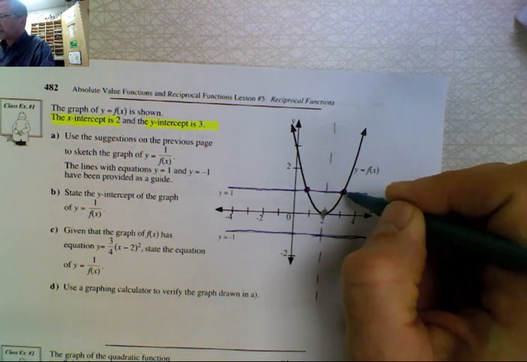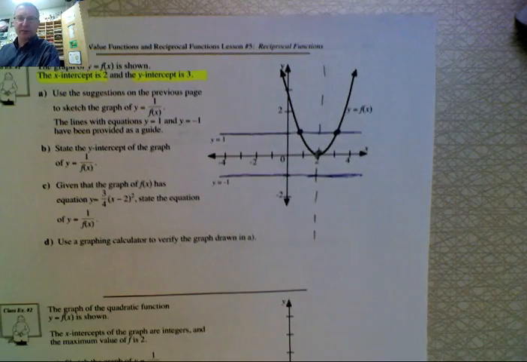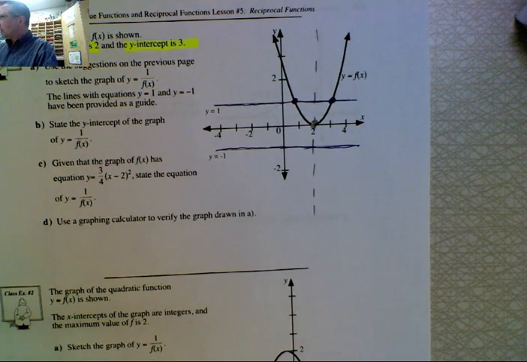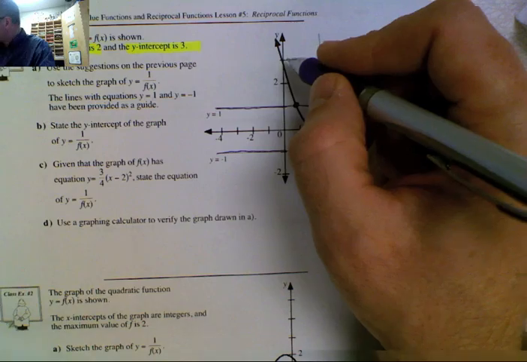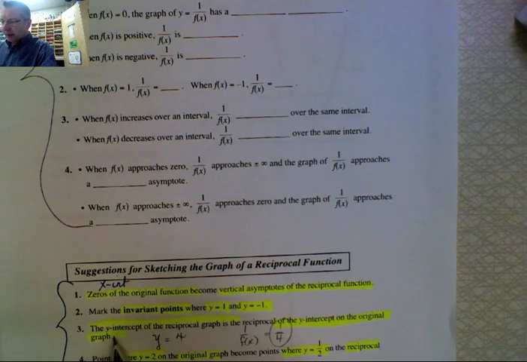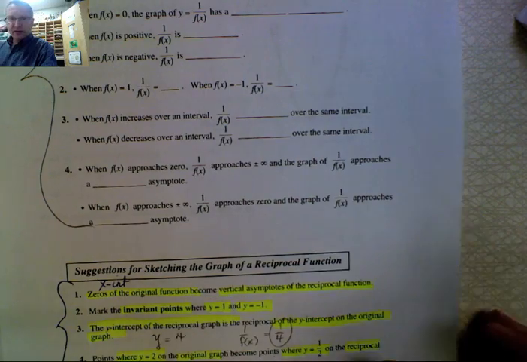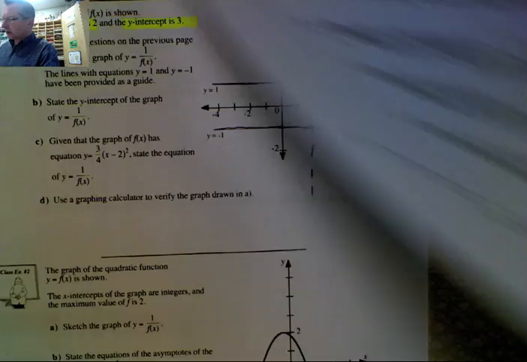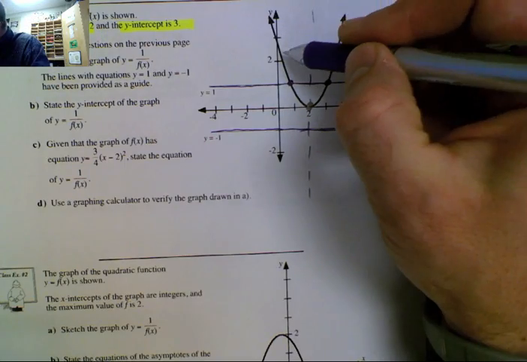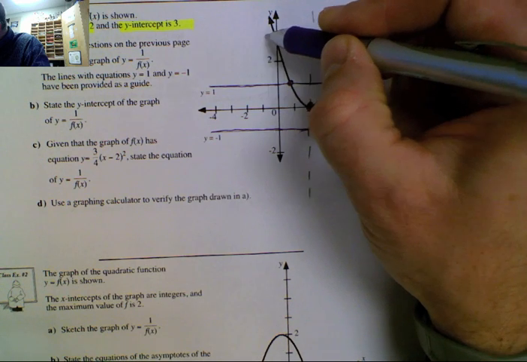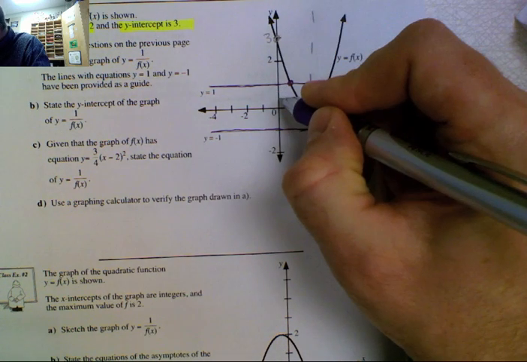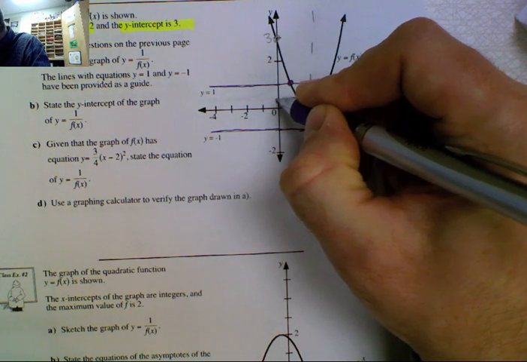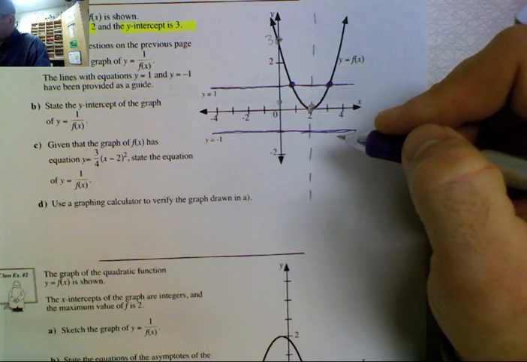That means those points are on the graph of my reciprocal function. Next, I take my y-intercept. It says to find it and take the reciprocal of it. The y-intercept is at 3 here, so that means the y-intercept is going to be at 1/3.